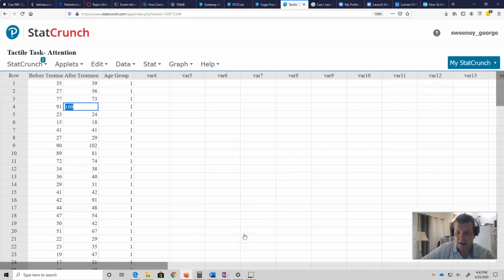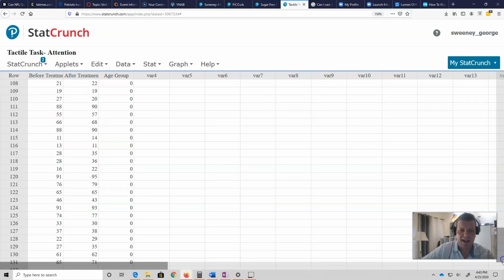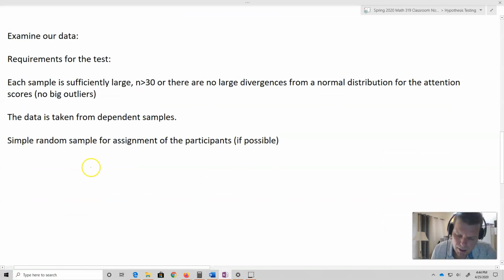The requirements are met. I also make sure that I have before and after for every single person inside of the sample, and I do. If I didn't, I'd have to remove them. If we don't have a before and after for each of the participants, we remove that participant. So now what I've seen is that my requirements are met.